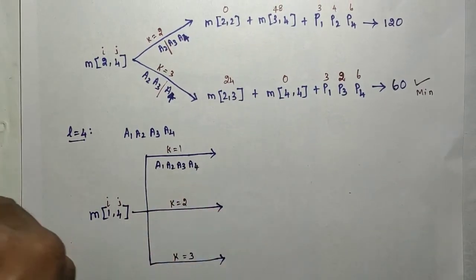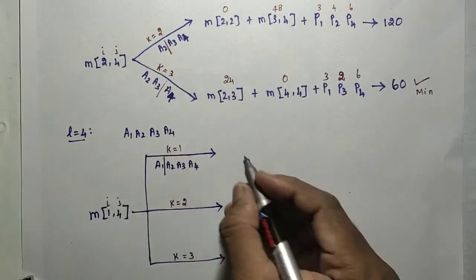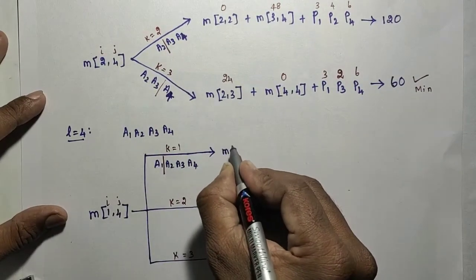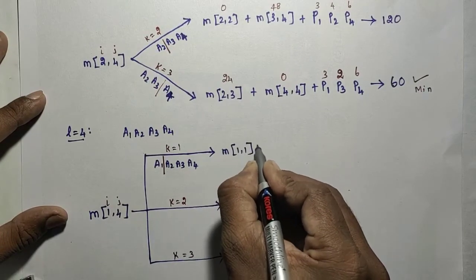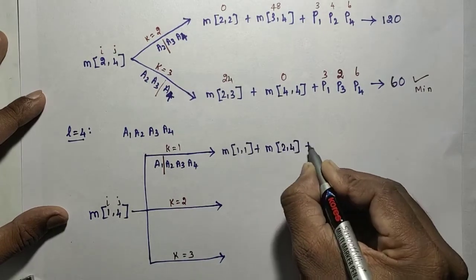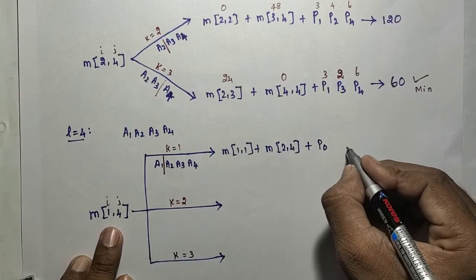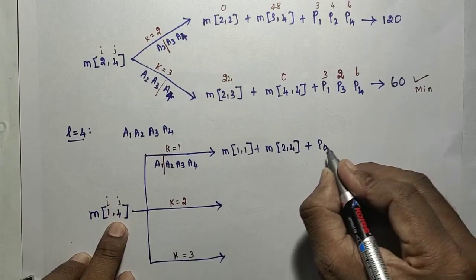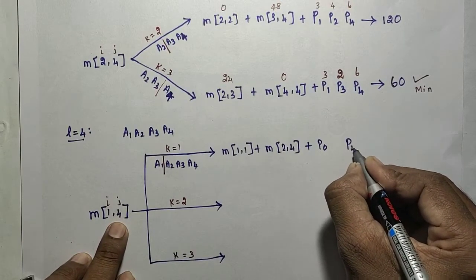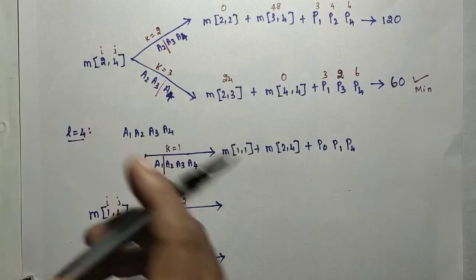The split occurs at the first position. So then we need to find m of 1 comma 1 plus m of 2 comma 4 plus p(i minus 1), p0, and then pj is p4, and in between the split position, that is p1.